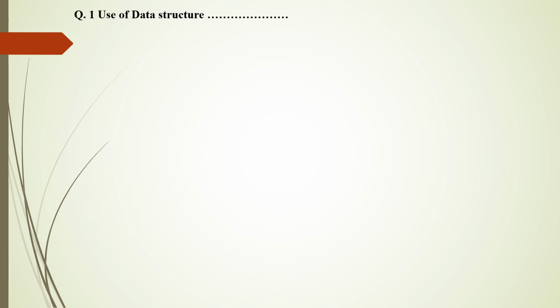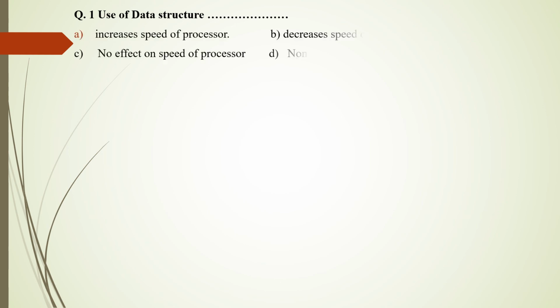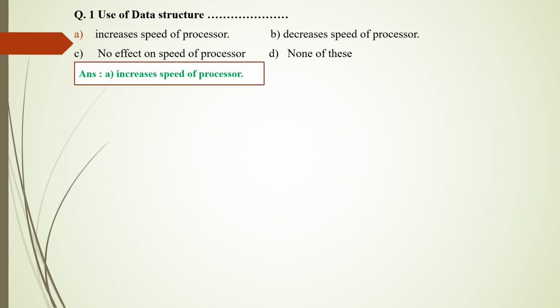Next we see some questions. Use of data structure: options are increase speed of processor, decrease speed of processor, no effect on speed of processor, none of this. The answer is increase speed of processor. Next question: dash dash is representation of data structure in memory.